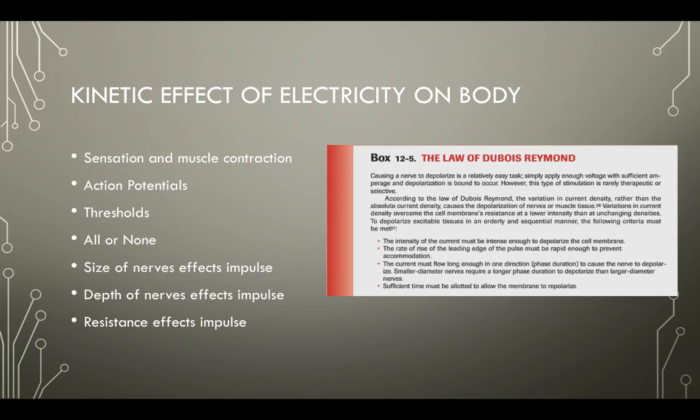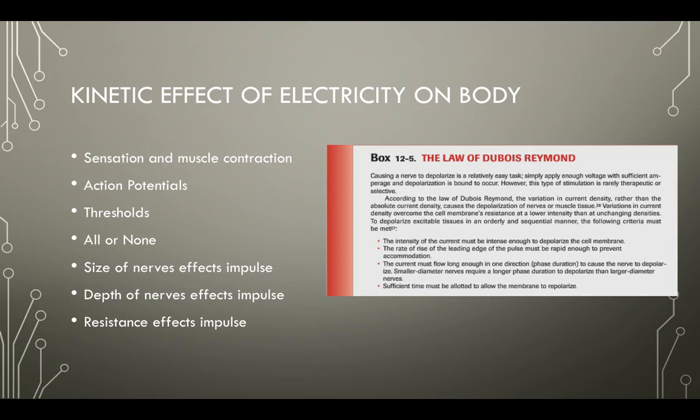And then we had our C's, which are going to be the smallest and the slowest of our pains. We had A deltas. So the different sizes are going to determine how quickly the electricity can affect. Large fibers are more rapid in conducting, and so we get a greater response. They also usually have less of a threshold for excitability, but they're also usually a shorter duration. They kind of burn out. So they burn hard and fast, and then they burn out.